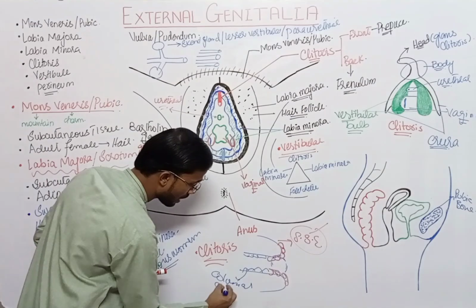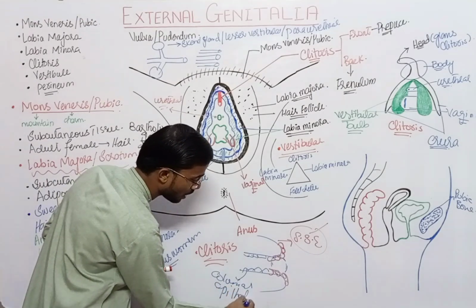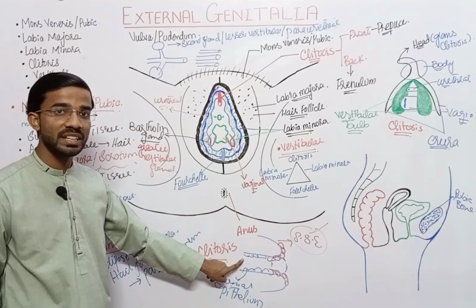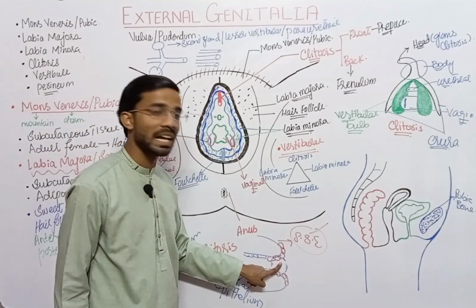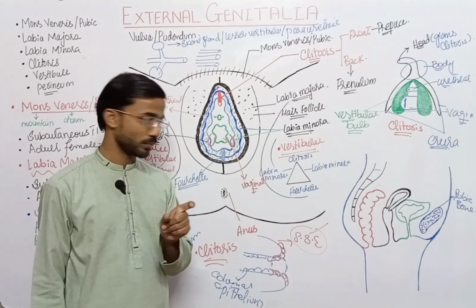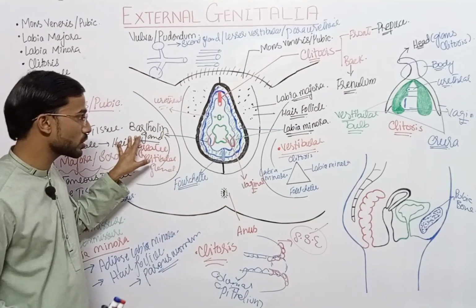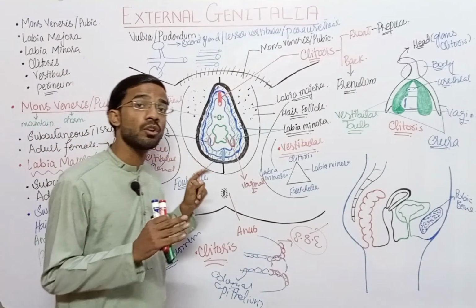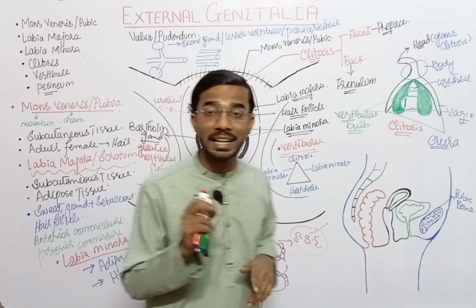Columnar epithelium. Columnar epithelium is present at the inner side of the Bartholin gland, and at the opening side you will see the stratified squamous epithelium. So this is the construction of the Bartholin gland, and Bartholin gland is analogous to the bulbourethral gland in the male.